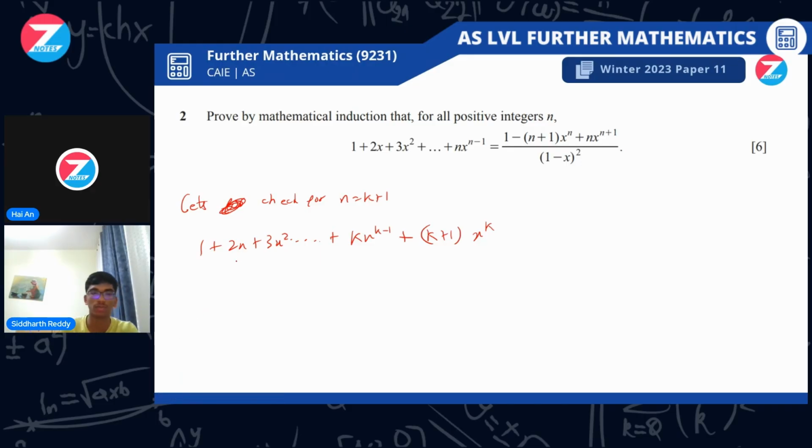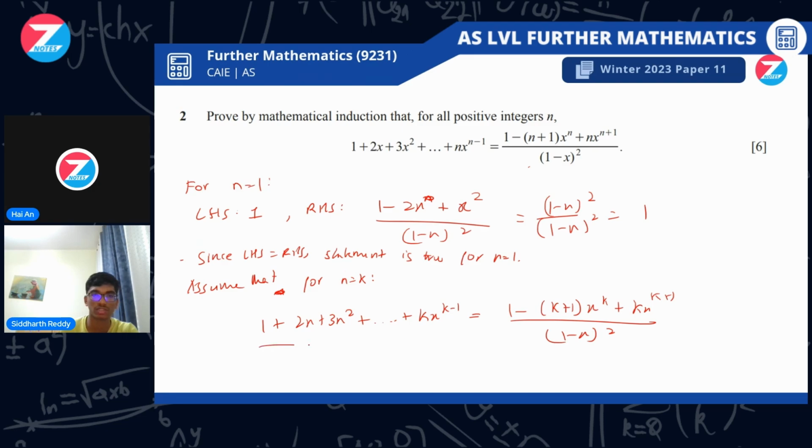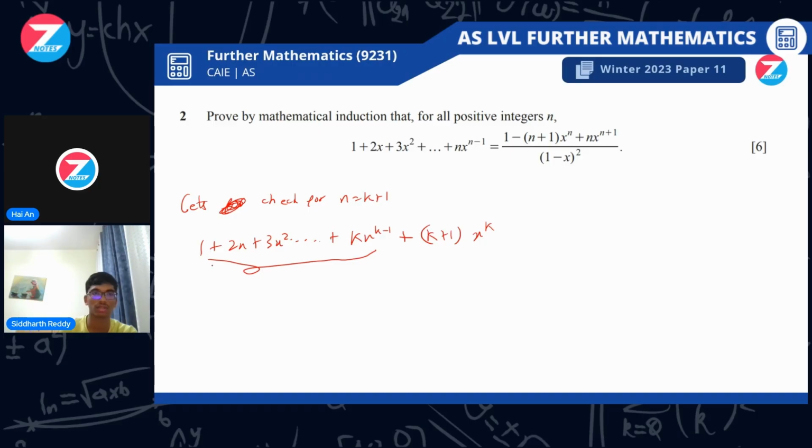Before we do that, let's notice that this is what we had previously, so we can substitute it here. So we've got (1 minus (k plus 1) times x to the power k plus kx to the power k plus 1) divided by (1 minus x) whole squared, plus (k plus 1) times x to the power k times (1 minus x) squared divided by (1 minus x) squared.